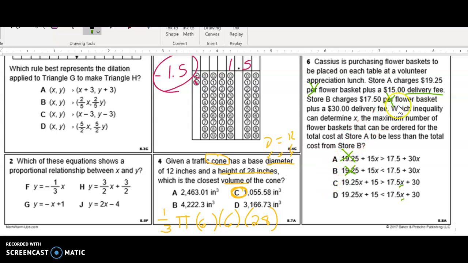So we're down to C and D. Which inequality shows the maximum that can be ordered? A less than B, and A is less than B, and that looks like an L. Oops, that looks like an L, my sloppy L. Therefore number 6 is D.